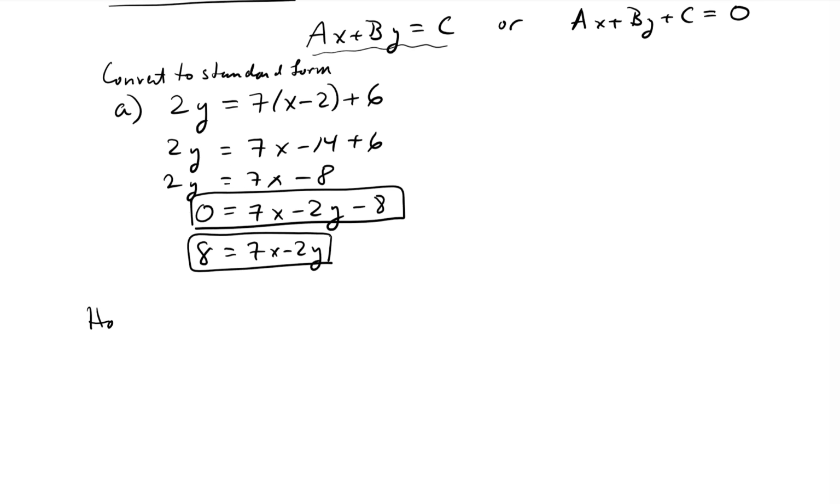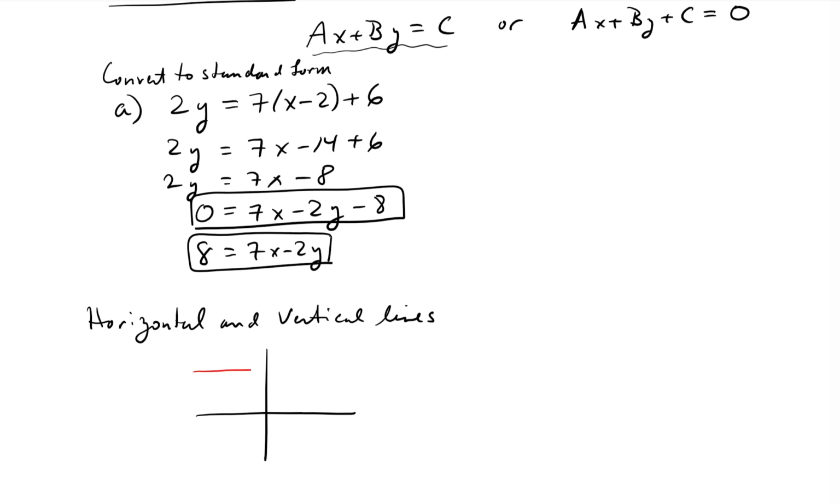And finally we're going to finish with horizontal and vertical lines, which are lines that are perpendicular, right? Horizontal lines are perpendicular to a vertical line. So if I look at a horizontal line, it would be something like this.